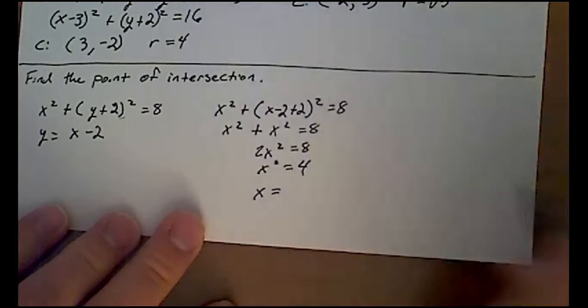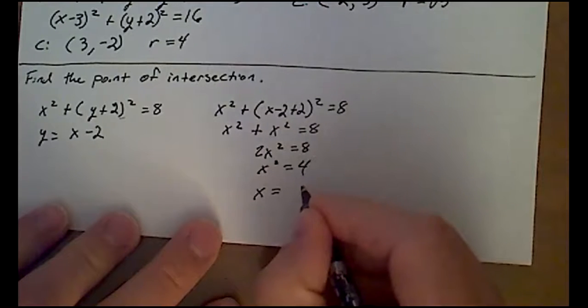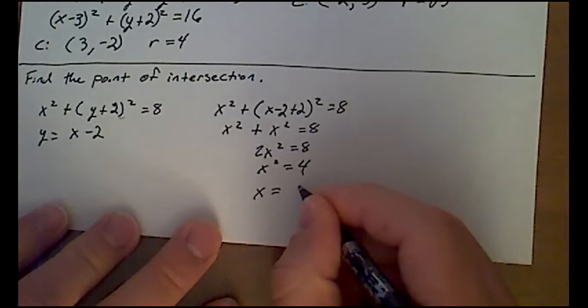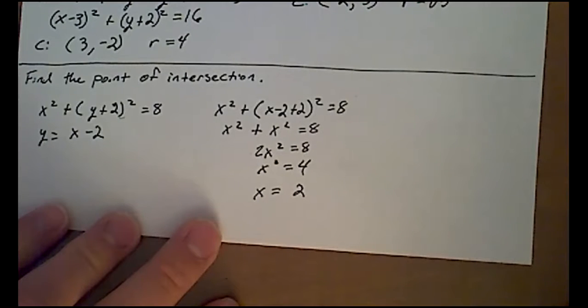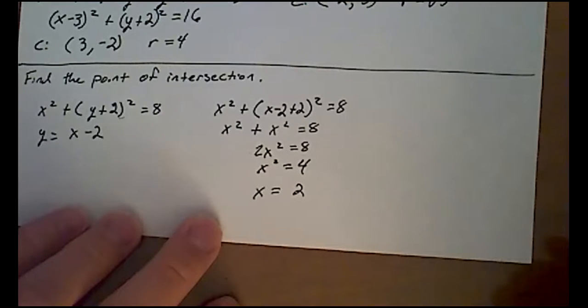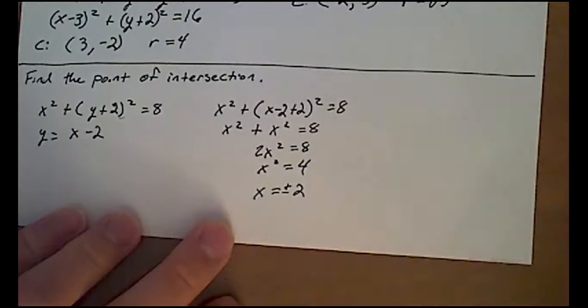Ooh, I made a mistake in my notes. And x is, see what you're saying is 2. Probably. And I'm saying you're half wrong, just like I was half wrong in my notes. The answer is plus or minus 2.